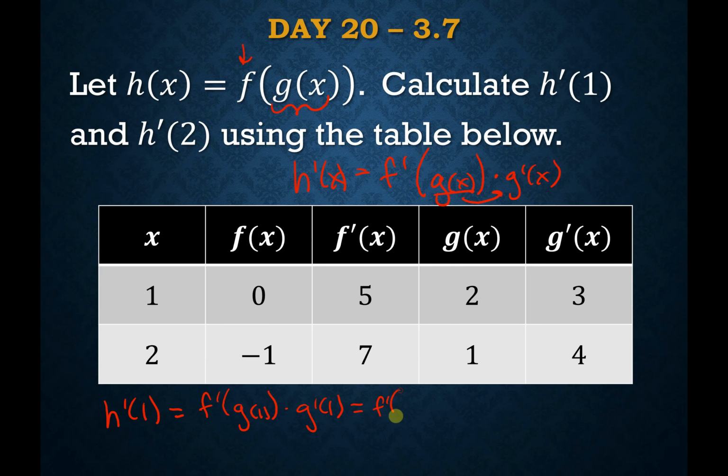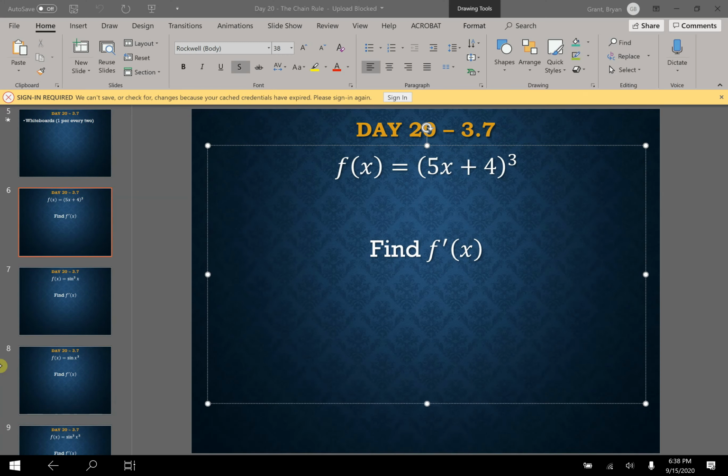Well, let's clean up one of these first. I think g of 1 is 2, so f prime of 2 times g prime of 1. Cleaning this up further, f prime of 2 is 7, and g prime, I do want to keep all my annotations.